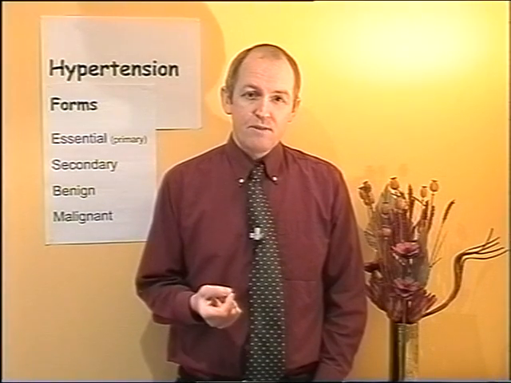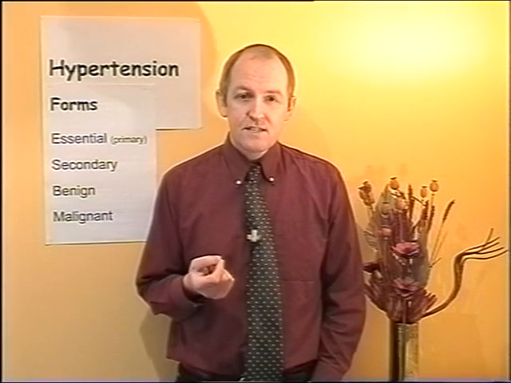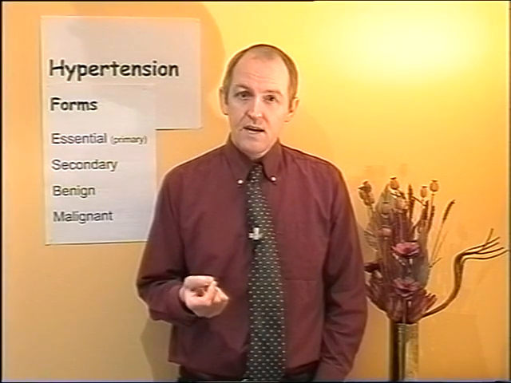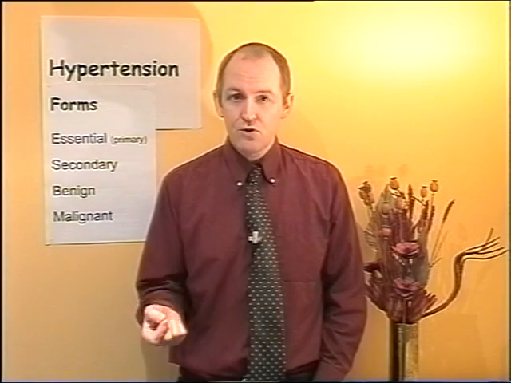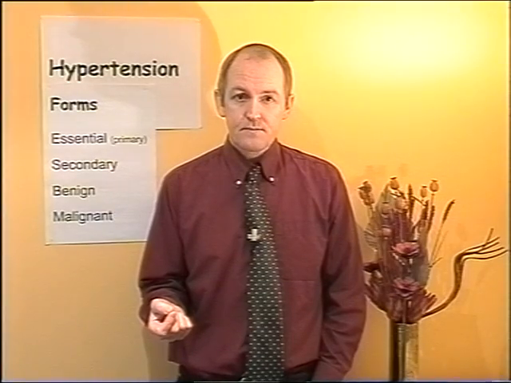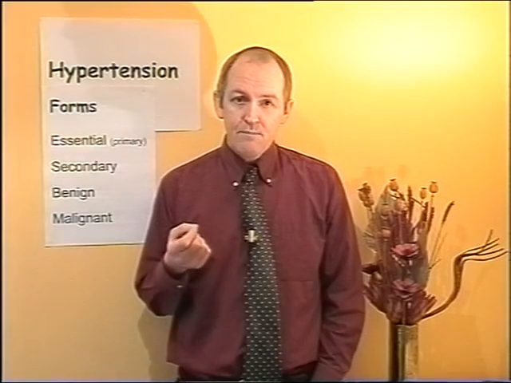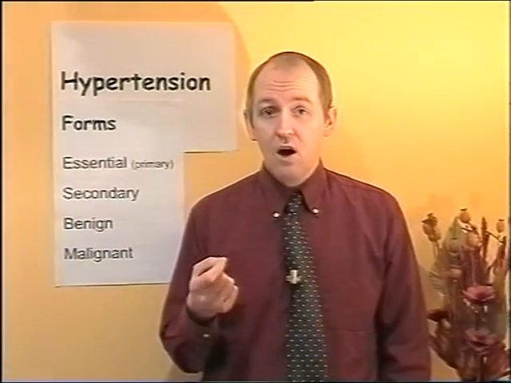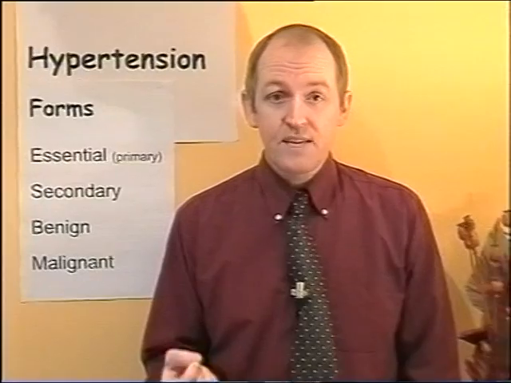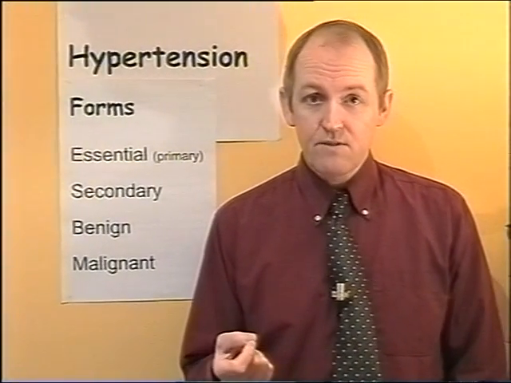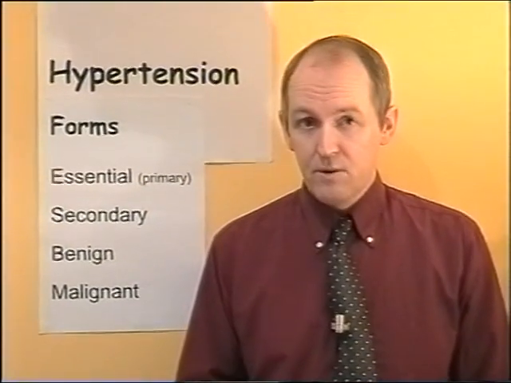But the next type of hypertension is referred to as secondary hypertension. Now, a secondary condition is a condition which is secondary to something else. So, for example, there might be kidney disease, and the hypertension occurs as a result of the kidney disease. It's secondary to that disease. Now, secondary forms of hypertension are fairly uncommon.